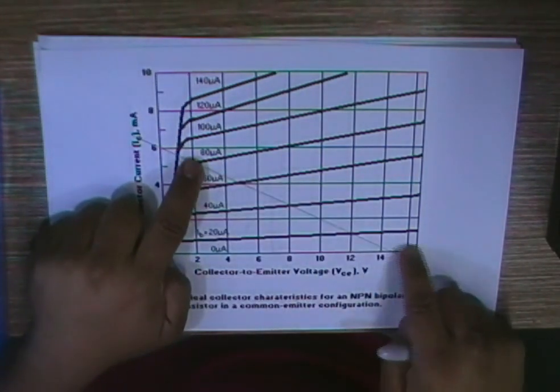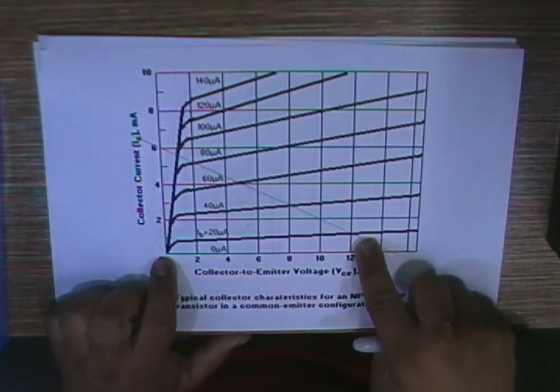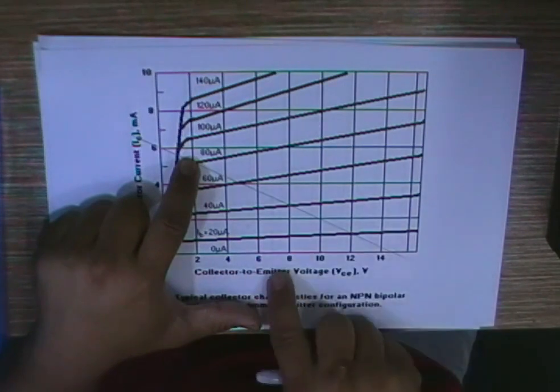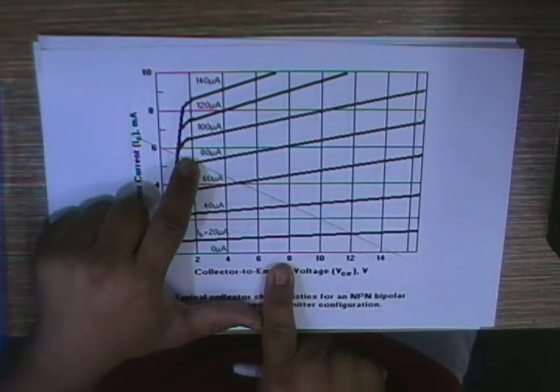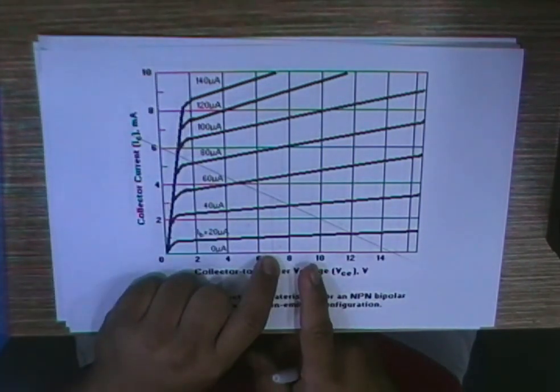Now if I want to do this, you can see that I take somewhere around here, and my VCE is around half of the VCC. So it's between half to 2/3 of VCC.